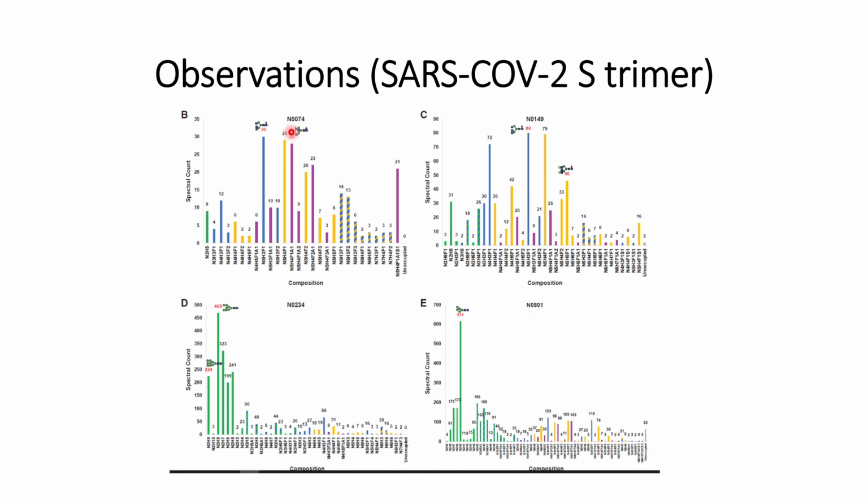We can see that at 74 and 149 the spectral count is on the higher side compared to panel D and panel E. From this, a general idea can be made that asparagine at 234 and 801 have low occupancy compared to 74 and 149, and this result we are already aware of from the previous slides.